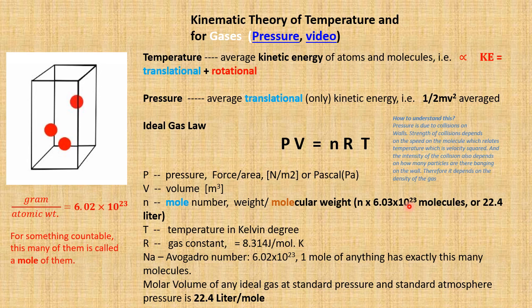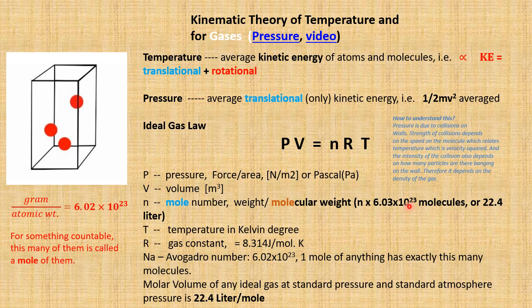All right. And what about 1 mole of water molecules? Water is H2O. So H is 1, another H makes 2, and oxygen has the weight of 16. So 1 mole of water weighs 18 grams.